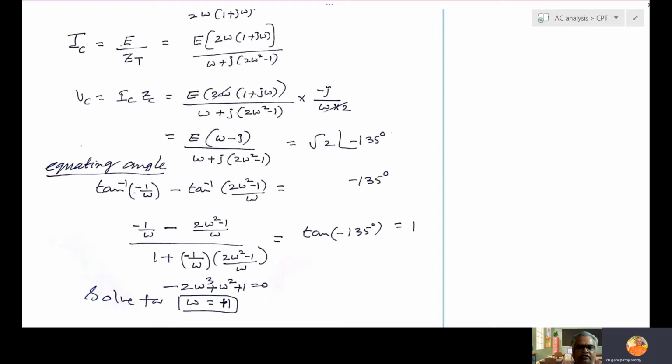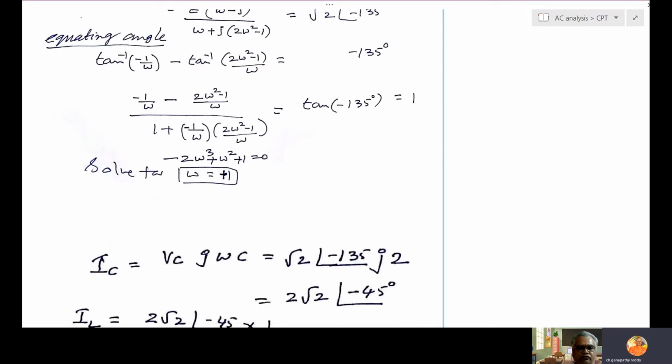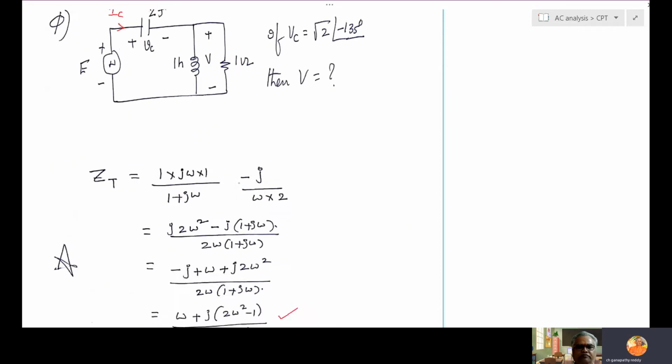So tan inverse of minus 1 by omega, minus tan inverse of this, is equal to the angle of minus 135. If you apply tan on both sides, you know all these mathematical formulas. So tan of minus 135 is equal to 1. And again omega to the power of 3 comes, and solving for omega, you get plus 1. So omega is plus 1.